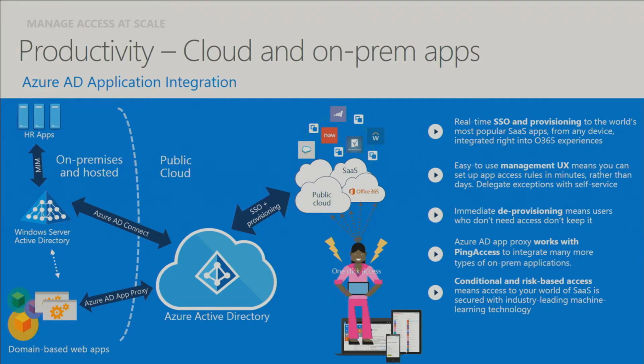One important thing is that we really want to ensure you are able to cover the whole world of applications, including SaaS apps, O365, and the on-prem apps themselves. There's a number of them that we just support out of the box with application proxy.